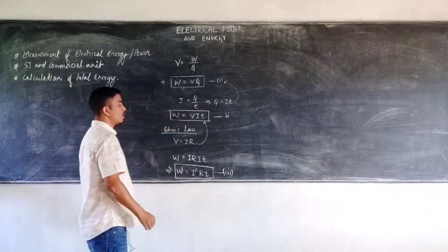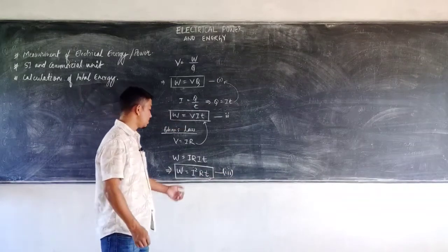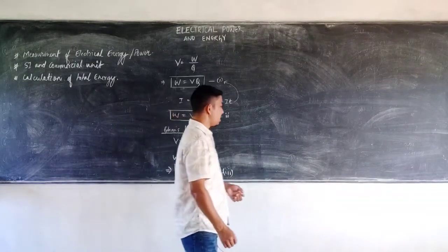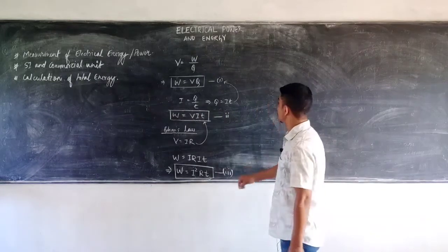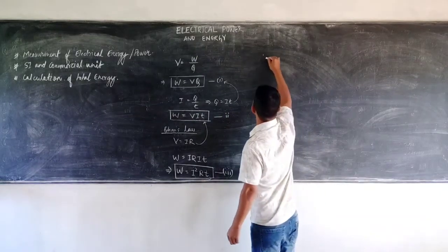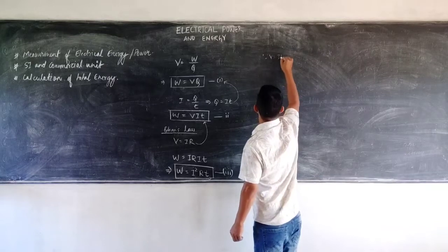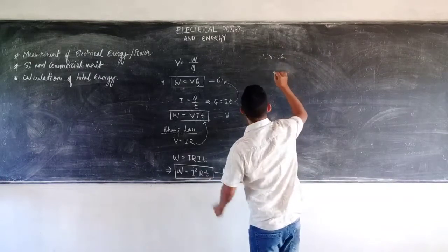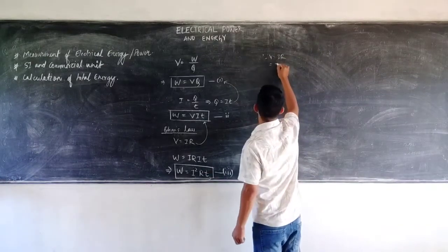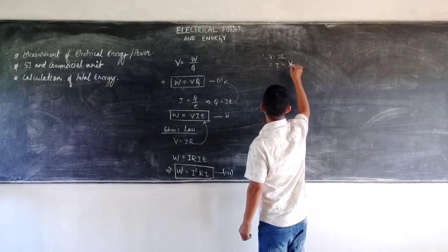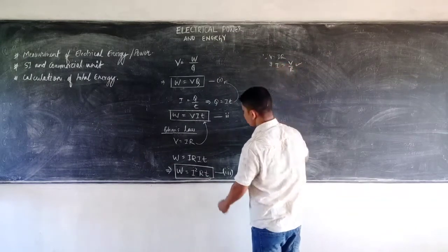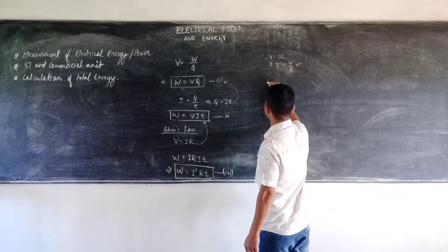Now we have one more last expression to find the work done by the electrical energy, and how do we obtain it? Again applying Ohm's law here. Since V equals I into R, I try to replace the value of I there. So I equals V divided by R. Substituting this value of I in equation 3, what will we obtain?